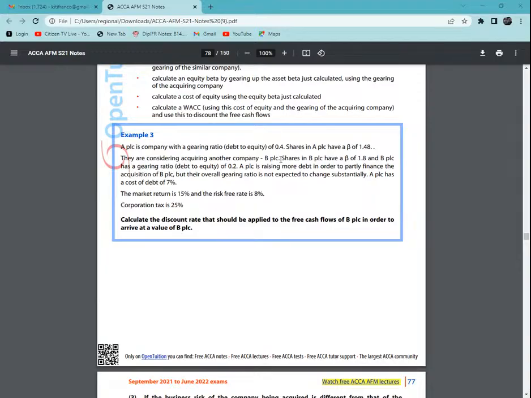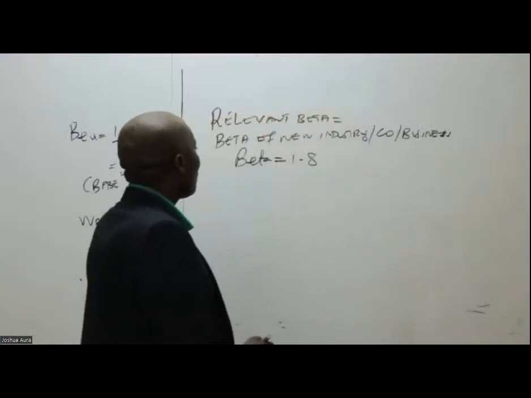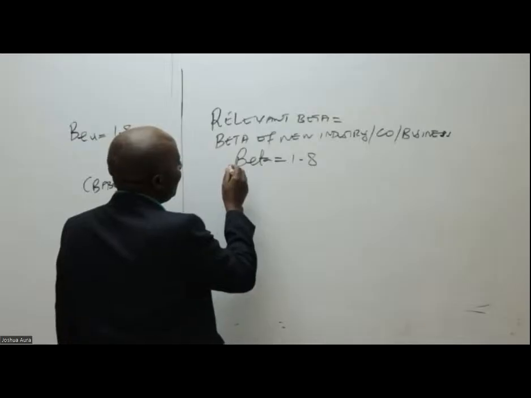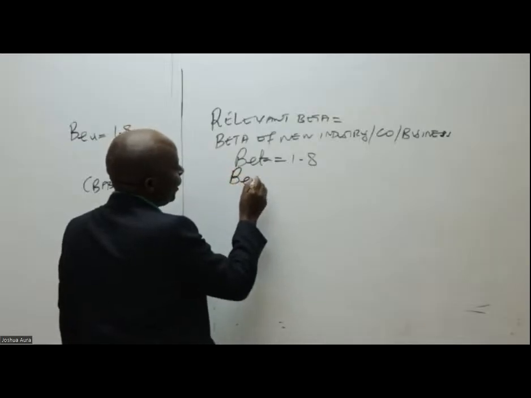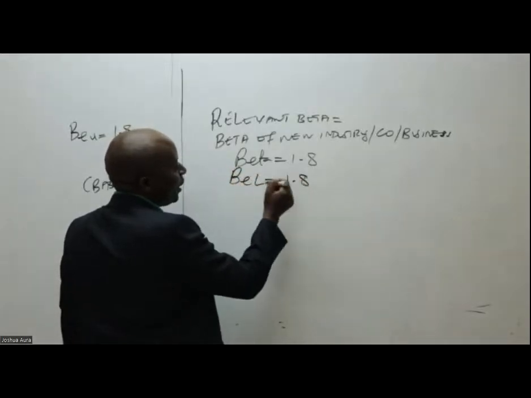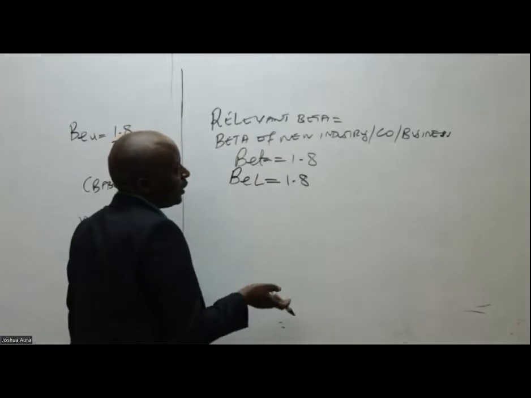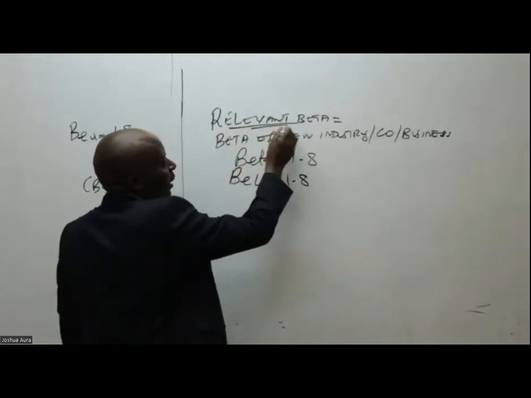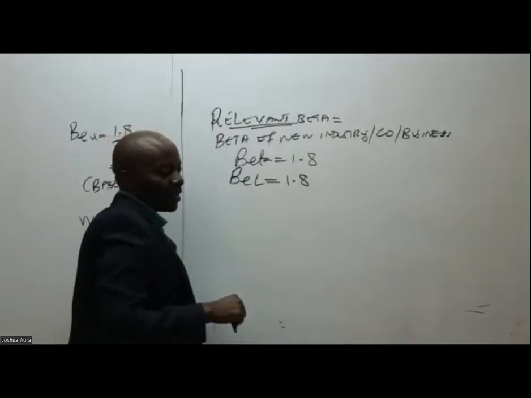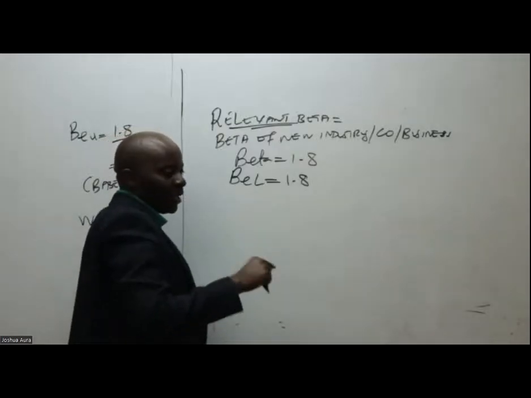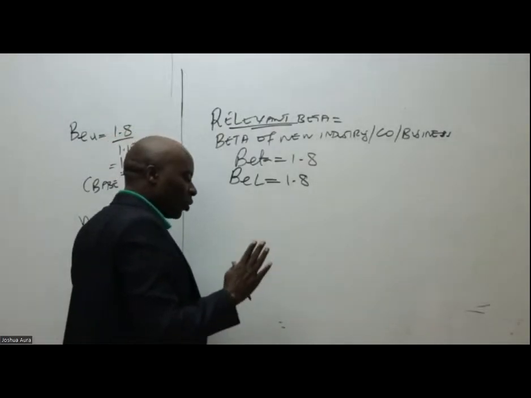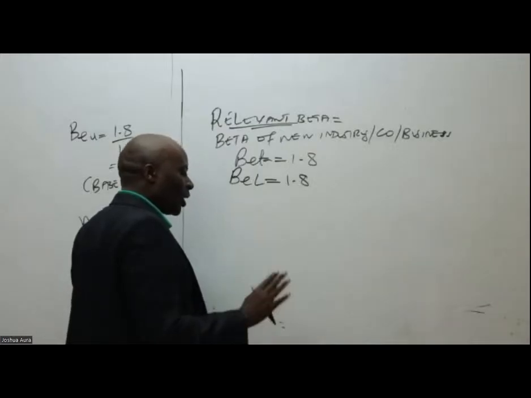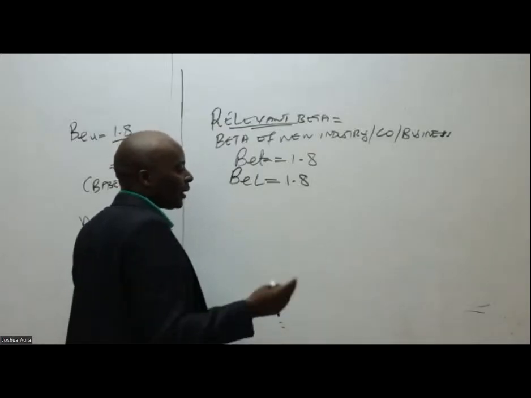And if it's a levered firm, ladies and gentlemen, then what I'll need to conclude here is that this beta is beta equity of a levered firm, which is 1.8. And the concept is very easy: this relevant beta has to be ungeared. So that when this firm goes to this new industry, they'll decide later on to bring in debt and what percent.